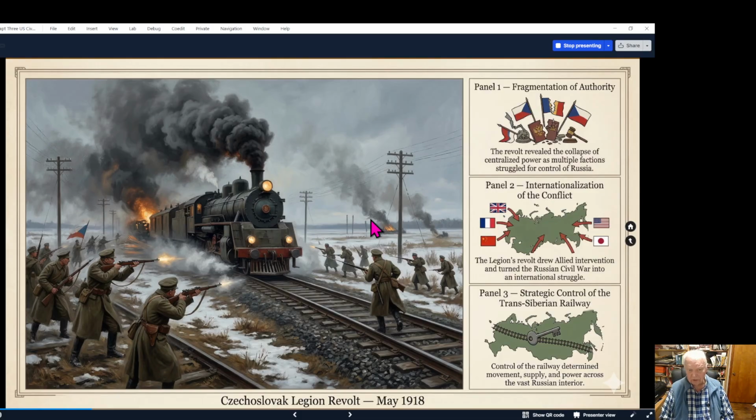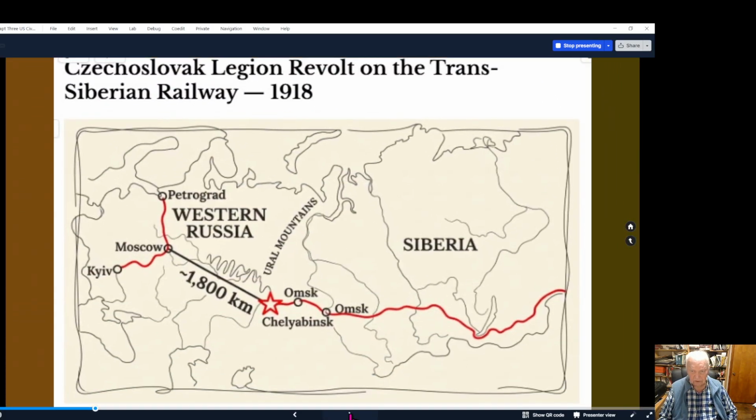The war is fought around railroads, and so it isn't territory because there's hardly any roads whatsoever out here, across here. And so the only way to get across is with railroads. So the battles are going to be about the railroads and seizing the railroads and covering the railroads.